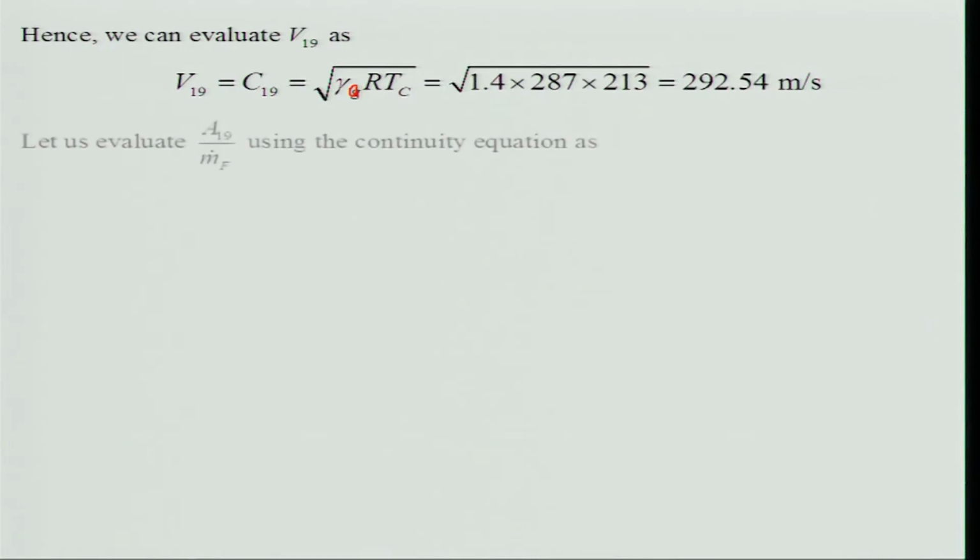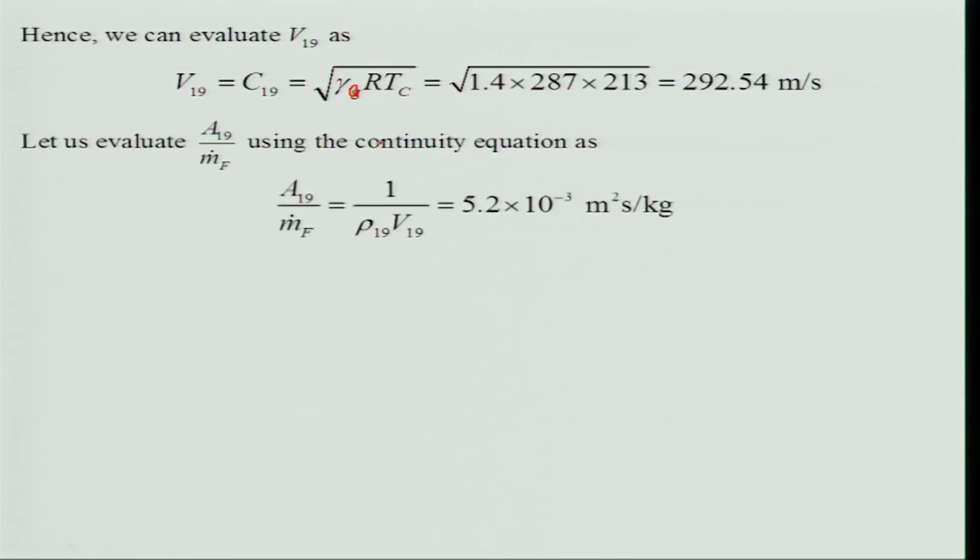By knowing this, I can find out A19 by m dot f, very easily from the continuity equation, and that is nothing but 1 over rho19 V19. You will just substitute these values, you will get 5.210 into 10 power minus 3 meter square second per kg.